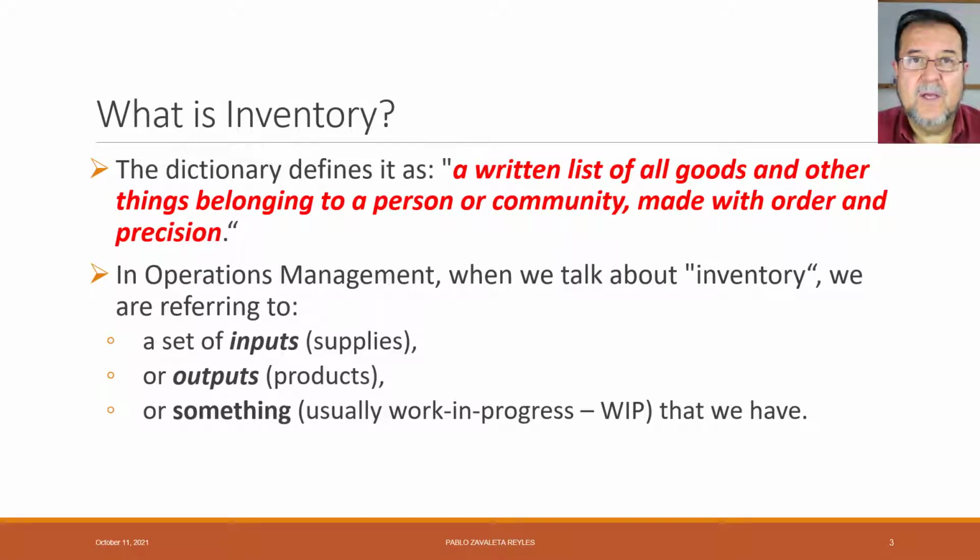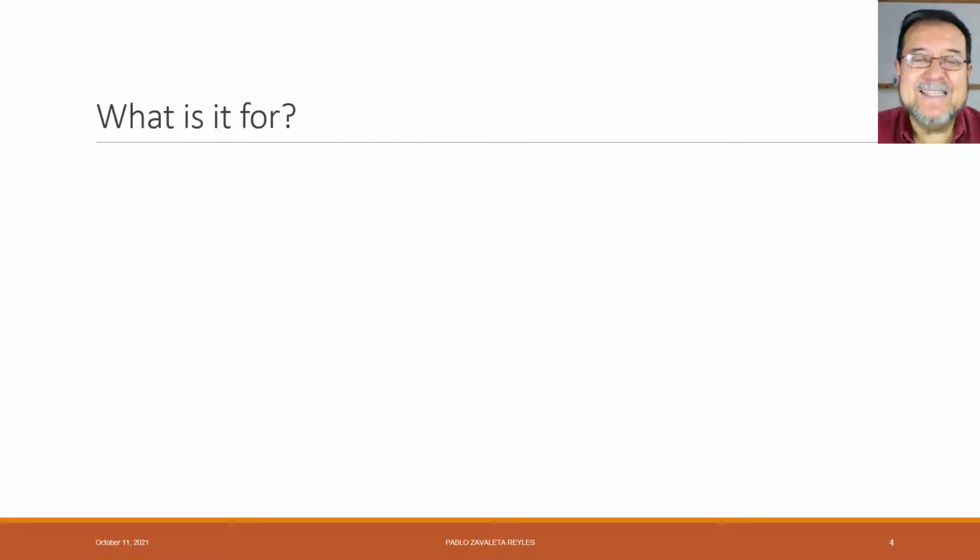So those are the three. Inputs, what's coming in, outputs, what's going out, and usually work in progress, that's in the middle, let's say, being transformed.